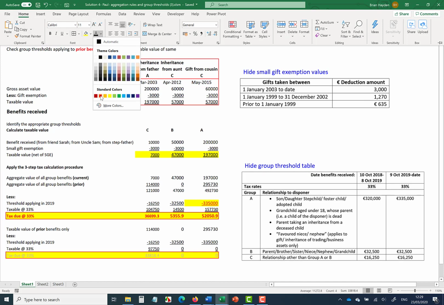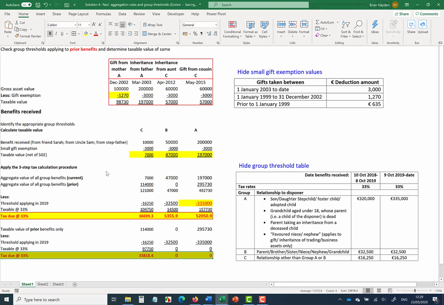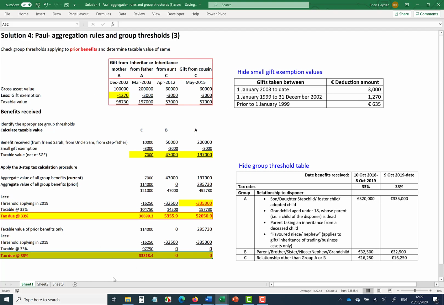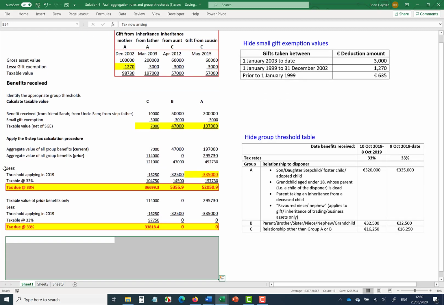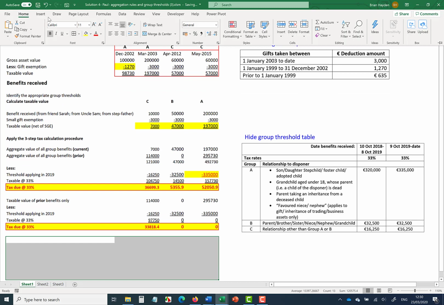So the tax on all of those is as indicated there, and then the difference in tax is the current amount of tax that is now due. Okay, so tax now arising is calculated as the difference between tax on everything versus tax on prior only.